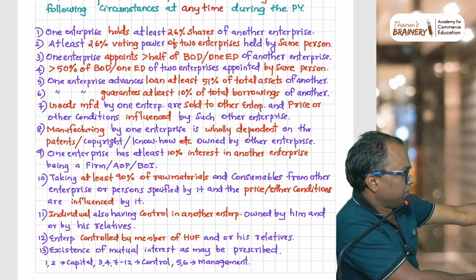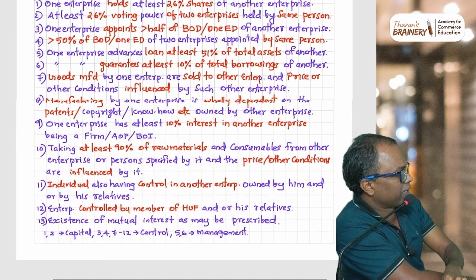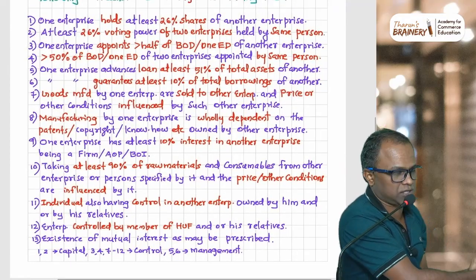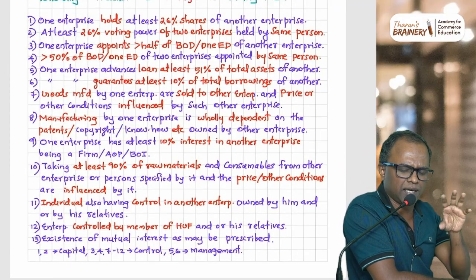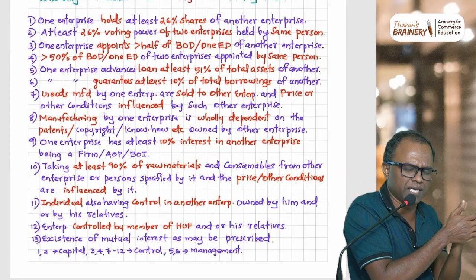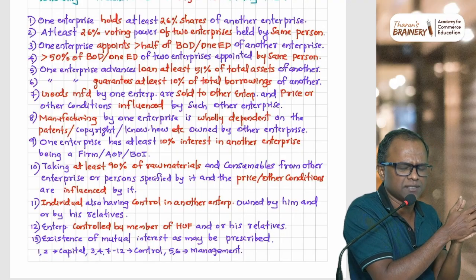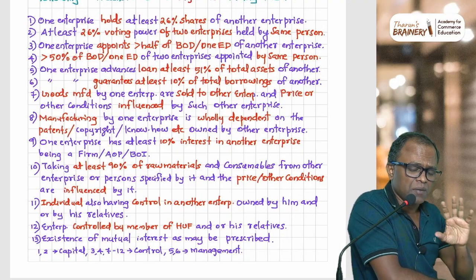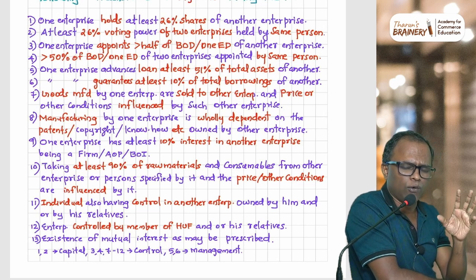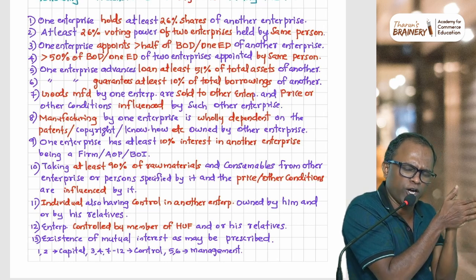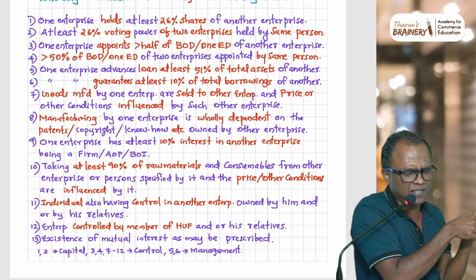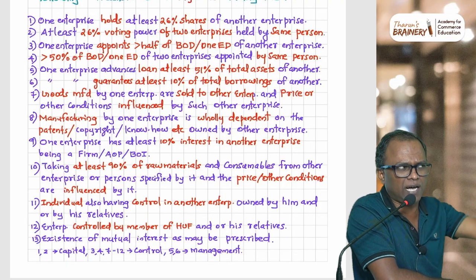And next they are saying, one entity engaged in manufacturing or producing or processing any goods, but they are using an intangible asset, maybe a trademark or patent or copyright or franchise, license, technology, something like that. But they are wholly or mainly dependent on that intangible asset, and this intangible asset belongs to another enterprise.